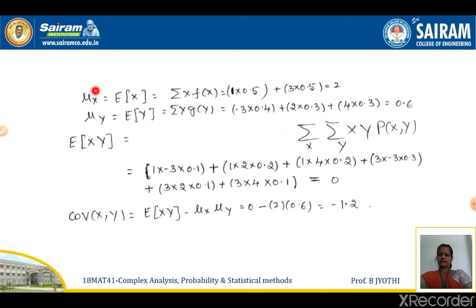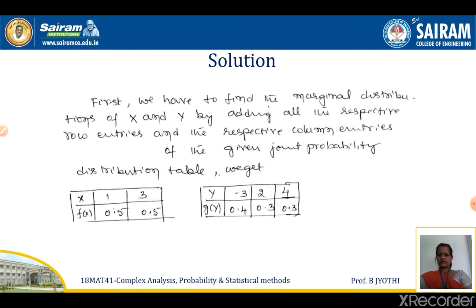Mu x is nothing but E of x, given by x into f of x. So what is our x? It means 1 into 0.5 plus 3 into 0.5. You can see here the x values and then the f of x values. Similarly, for E of y, it will be minus 3 into 0.4, 2 into 0.3 and 4 into 0.3.